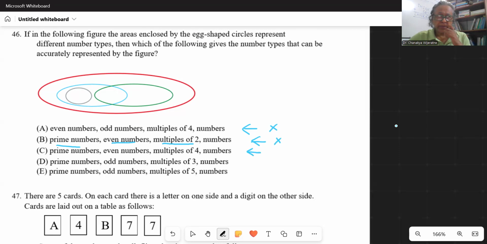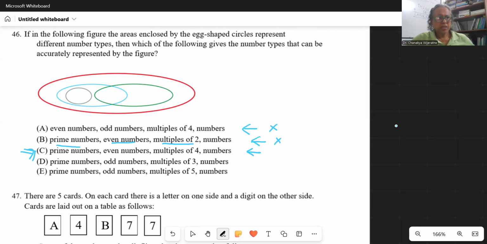So prime numbers, even numbers, intersecting, but multiples of 4 have no intersection with the prime numbers, right? And then even numbers contain multiples of 4. So this is actually the answer, right?